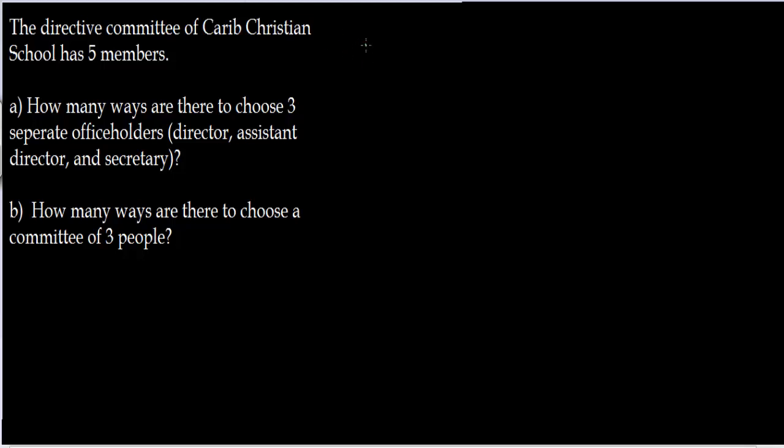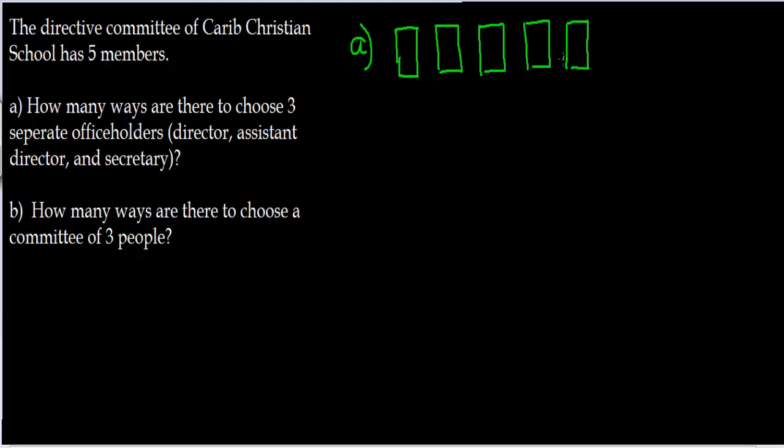For letter A, I have 5 members. I'm going to draw little boxes just to represent each member, and I'm going to identify the 5 members with the first initial of their first name.